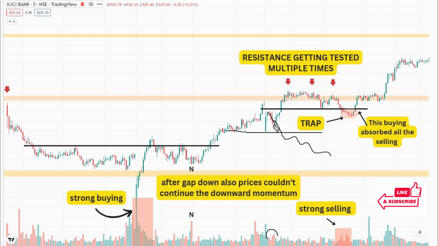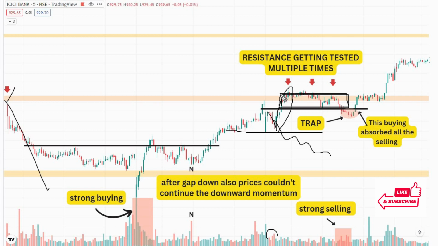That's why they again pushed the prices towards the upside. Now prices are sustaining at the resistance zone. Earlier, from here there was a sharp sell off. Now prices are sustaining at the resistance zone. So this is an indication that buyers are now equally strong.